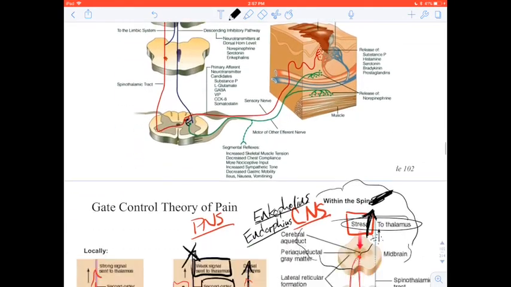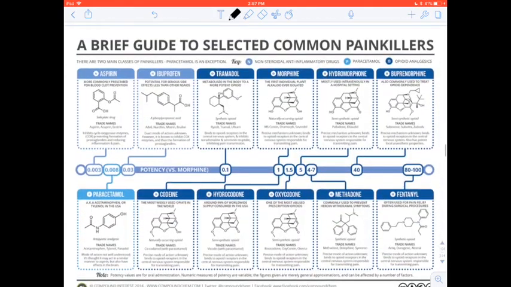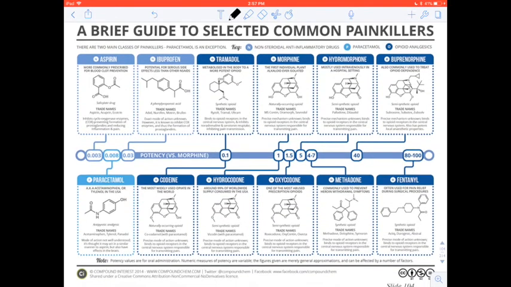Here's a rough idea of the potencies of these painkillers. A lot of us have heard of fentanyl. With these fentanyl cocktails in the opiate epidemic, it's fentanyl that's killing a lot of people, because actual heroin is going to be somewhere along this level. It's going to be more than morphine.